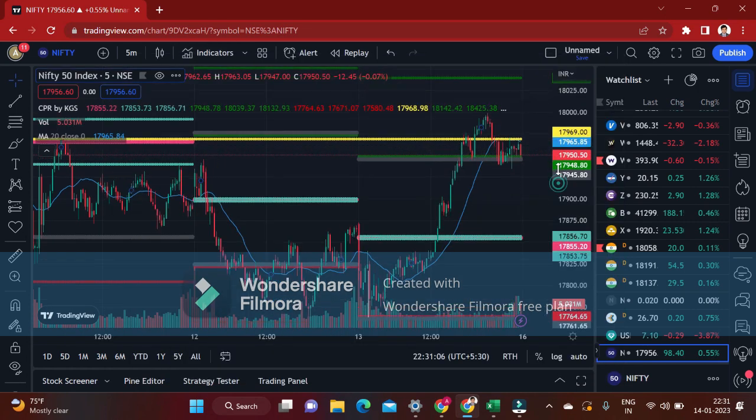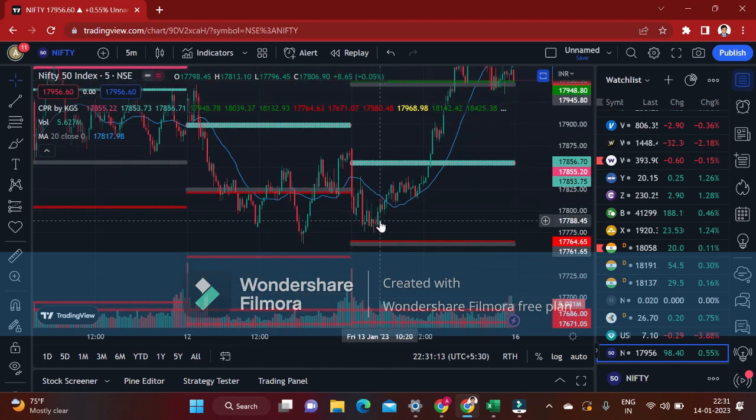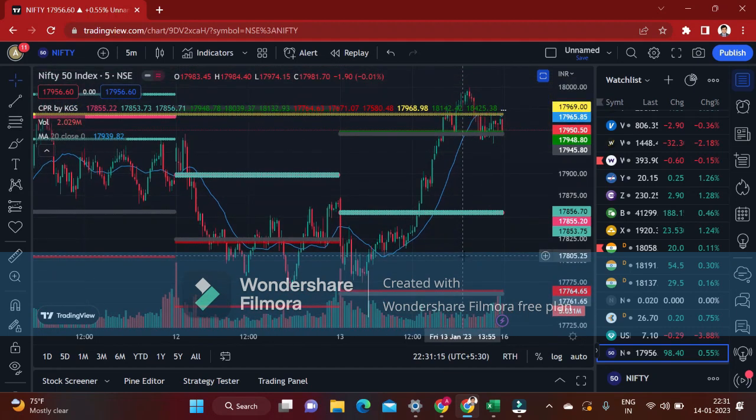In the normal CPR indicator, you will not find the day low and day high, but in that KGS one, you will find the day low and day high marked automatically. So you don't have to draw them manually. That is a benefit you will get here.